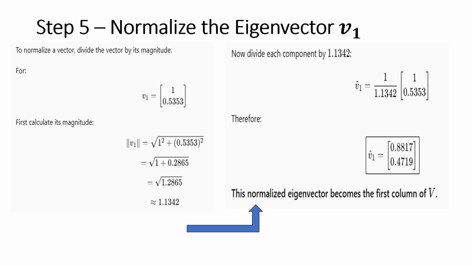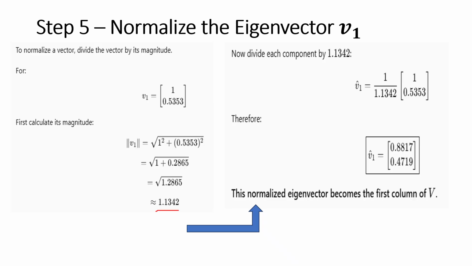First eigenvector is, so to normalize the unit vector, what you have to do is, first we will find the length of the vector v1, that is root of 1 square plus 0.5353 the whole square. Solving this, you will get the length of the vector as 1.1342.